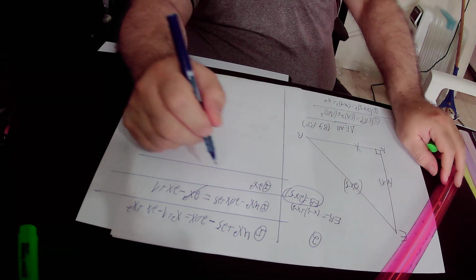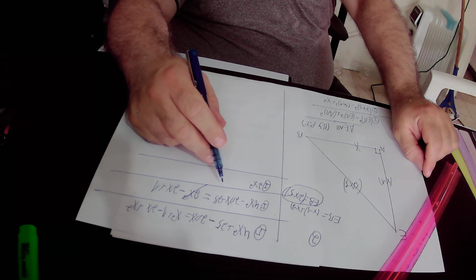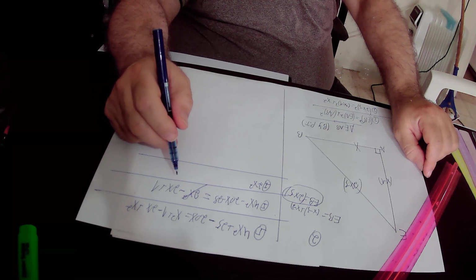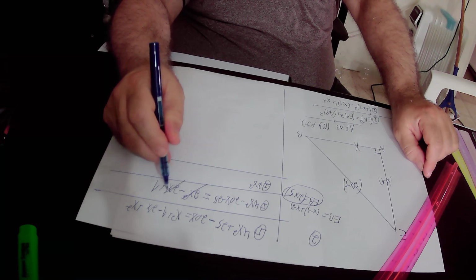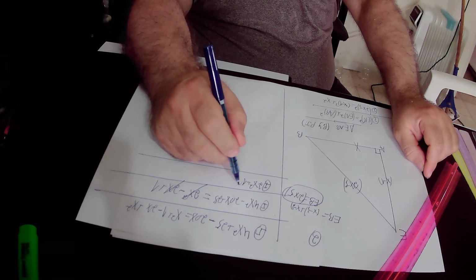It is, and here we have minus 2x squared and minus 20x, so we'll add 2x to this equation, equation number 1, so 2x minus 2x is 0, and minus 20x plus 2x is minus 18x.